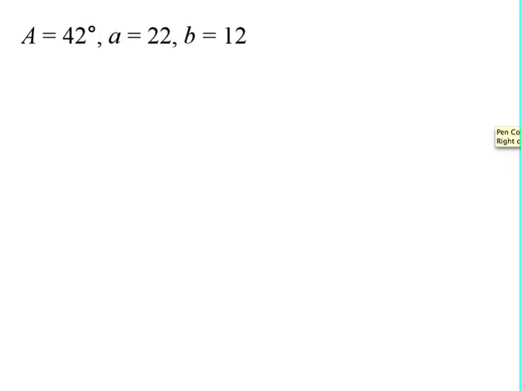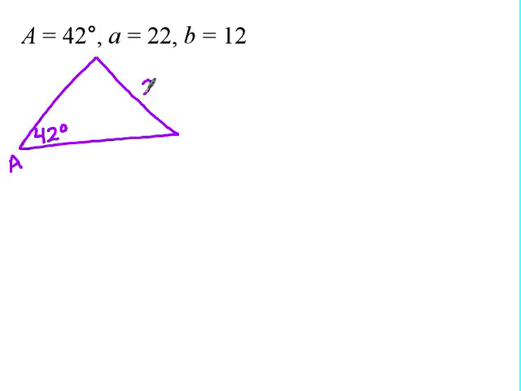Angle A equals 42, side A equals 22, and side B equals 12. So let's start by drawing a triangle. Okay, 22.